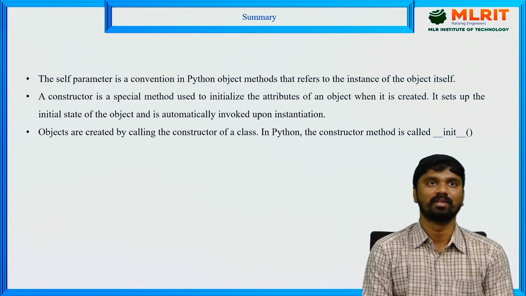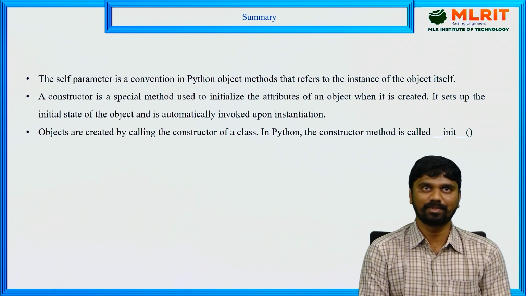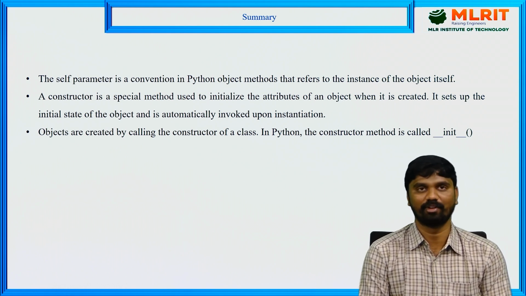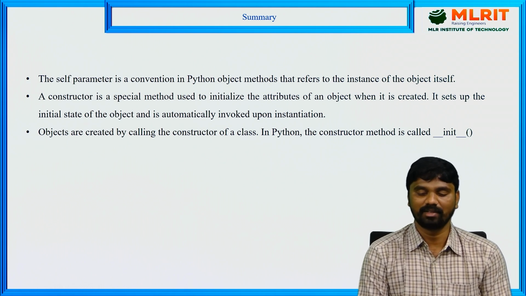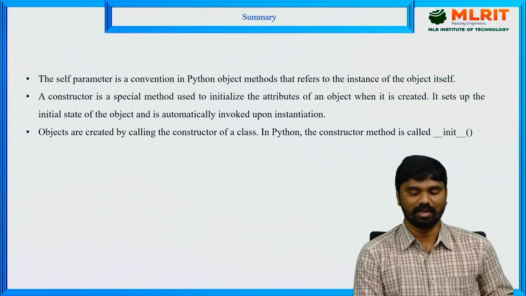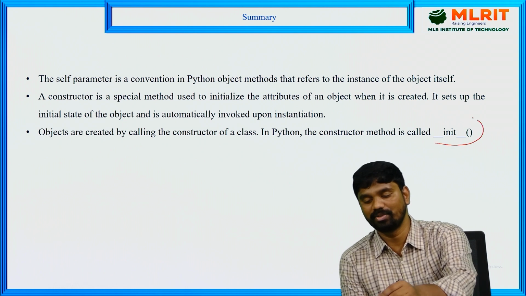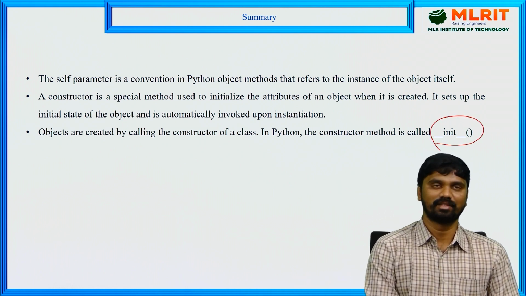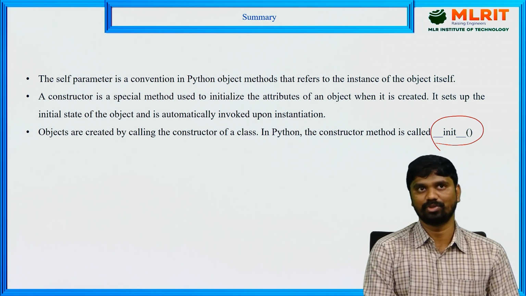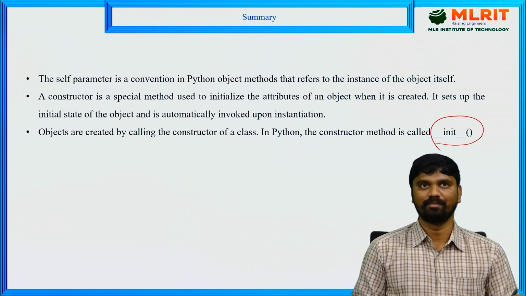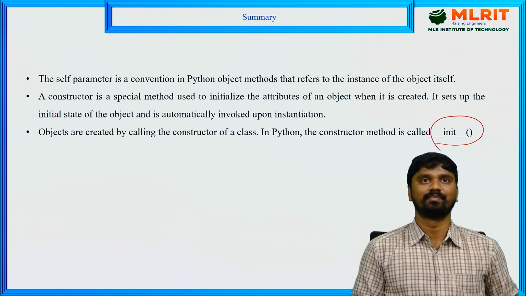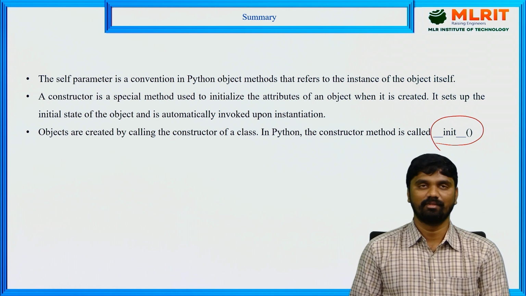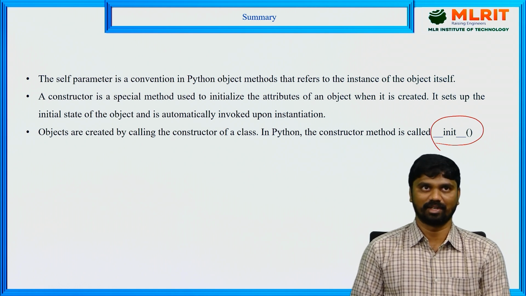Whenever objects are created, the constructor will be invoked. So in Python, the constructor method should always be __init__, and we have to pass the self variable, which has to be the first parameter, right? So this is about constructors, objects and the self variable. Next class we will discuss the types of constructors. Thank you.